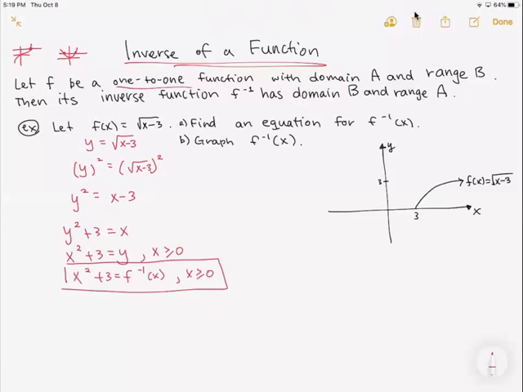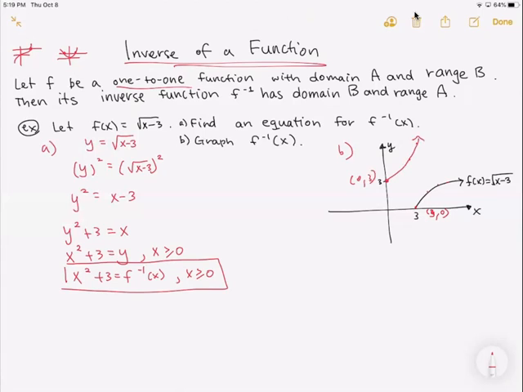Now let's look at B. So that was A. B says graph the inverse of f of x. So you can create an x and y chart and do this, or since x becomes y, and that was 3, 0, I know for my inverse function, I have to consider 0, 3. And then all of these points will be something like this, and connect them.